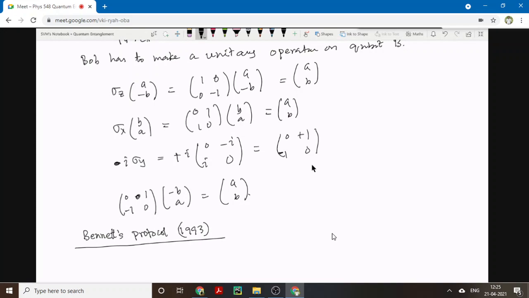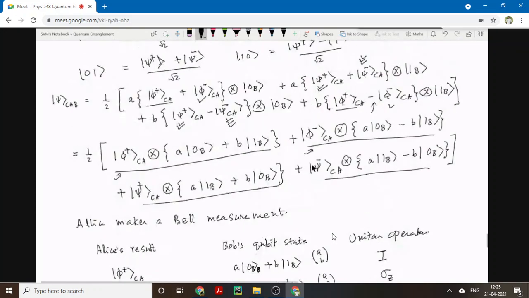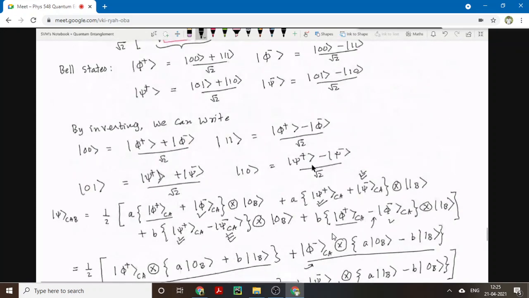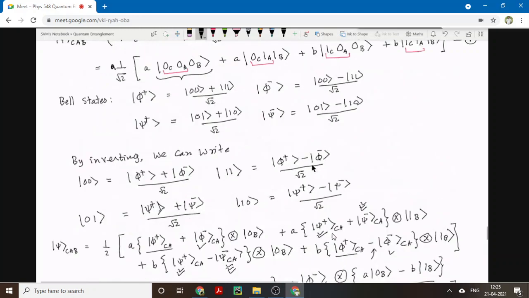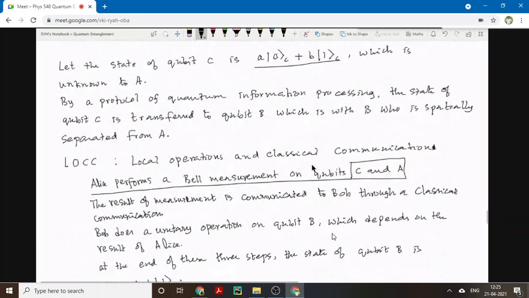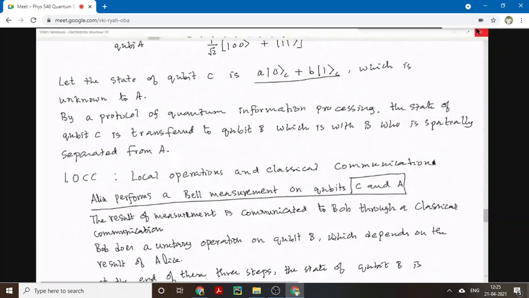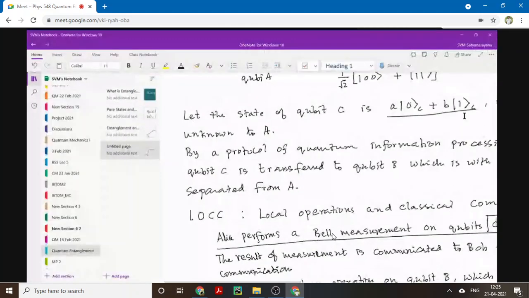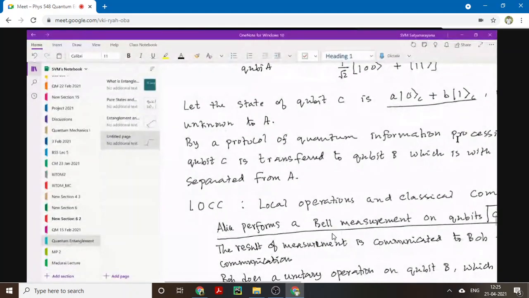So this is one of the very famous and very important examples of quantum information processing, namely quantum teleportation. These are some of the very interesting examples where the quantum entanglement between two parties or two systems can be used as a resource to do something that cannot otherwise be done.